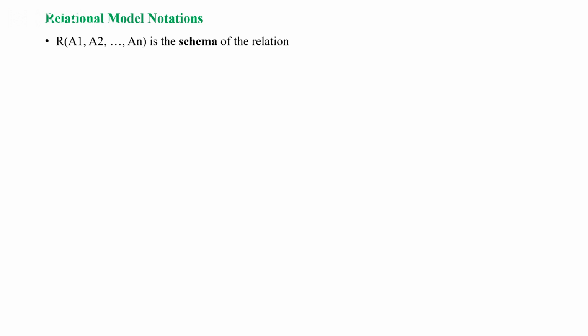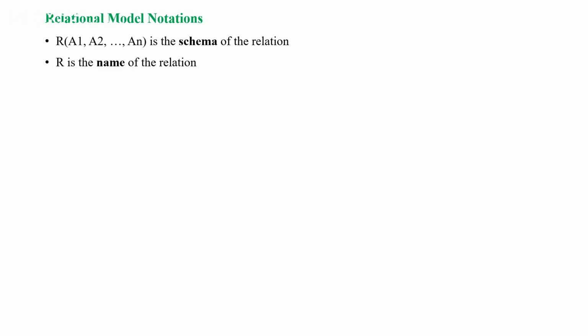All the relations will be represented by using a capital letter R. That R indicates the relation name, and A1, A2, up to An represent the schema of a relation, that is, a set of attributes of that particular relation R. So we call it the schema of a relation.